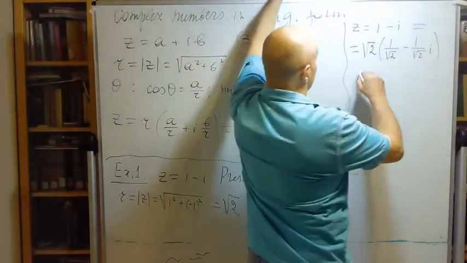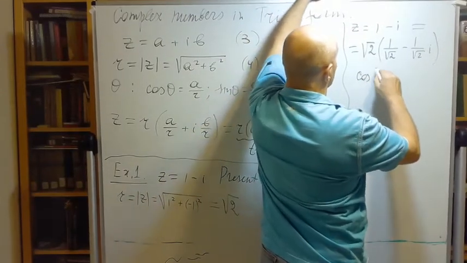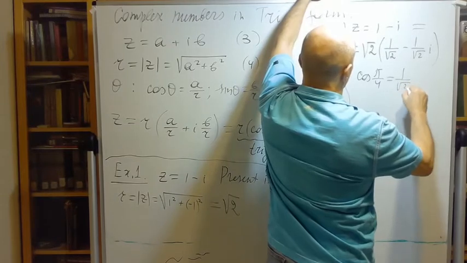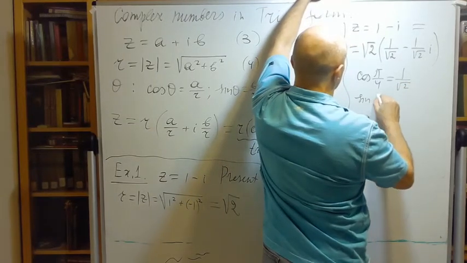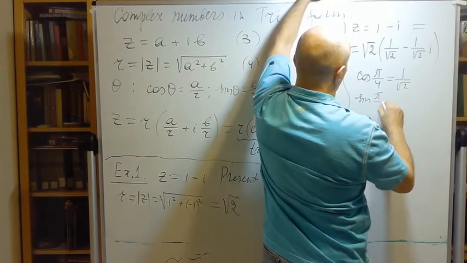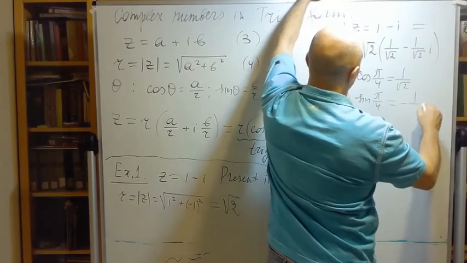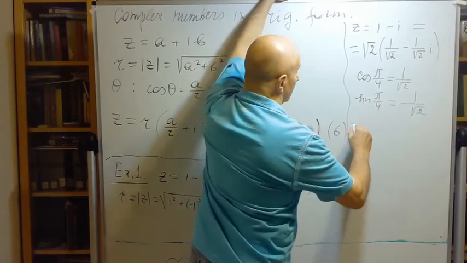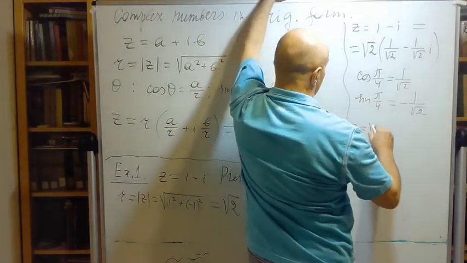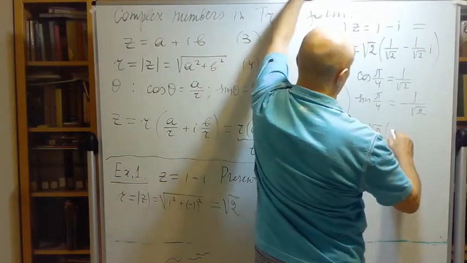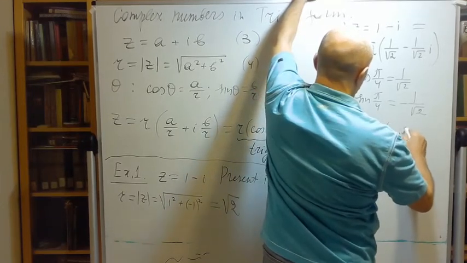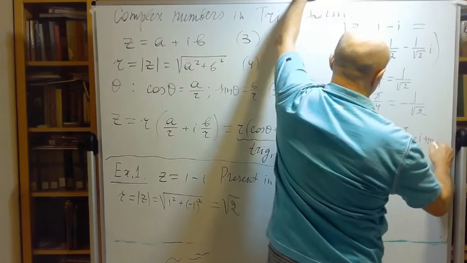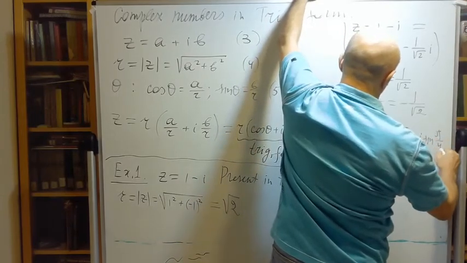You can also recall that cosine of pi over 4 is 1 over root 2, and sine of pi over 4 is 1 over root 2, and therefore you can write z as root of 2 times cosine pi over 4 minus i sine pi over 4.